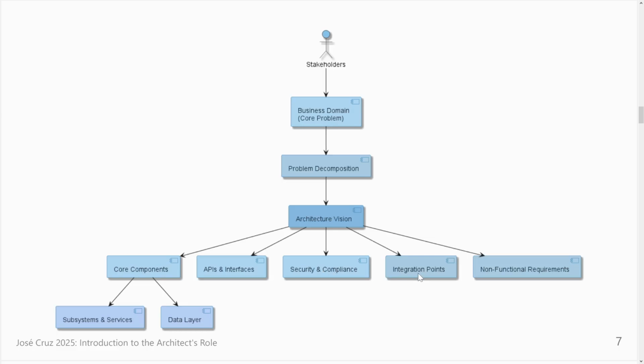Integration points: how do I integrate with other applications, internally or externally? And non-functional requirements: how am I handling scalability, logging, audit, metrics, telemetry, and things like that. And then the core components, of course: what are the subsystems and services, and the data layer, which even if it's a small box here, is probably the most important in current days, as you know.